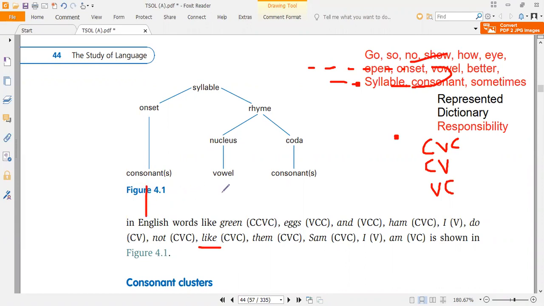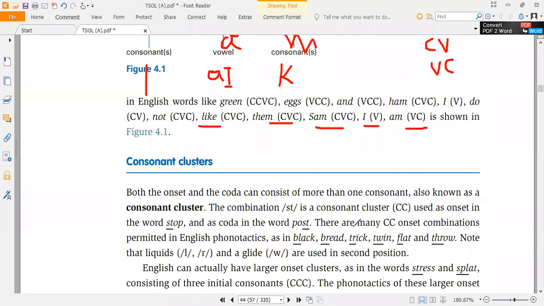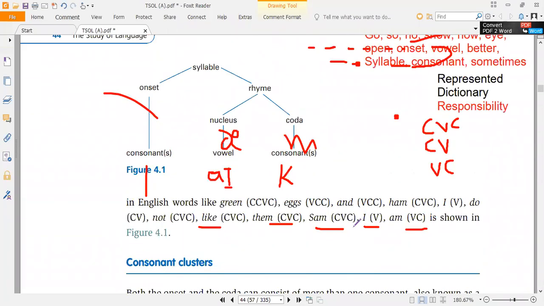So "ice" is also VC, "them" is also CVC, "am" is VC, without having the onset. So many examples are there. This kind of examples you may come up with.